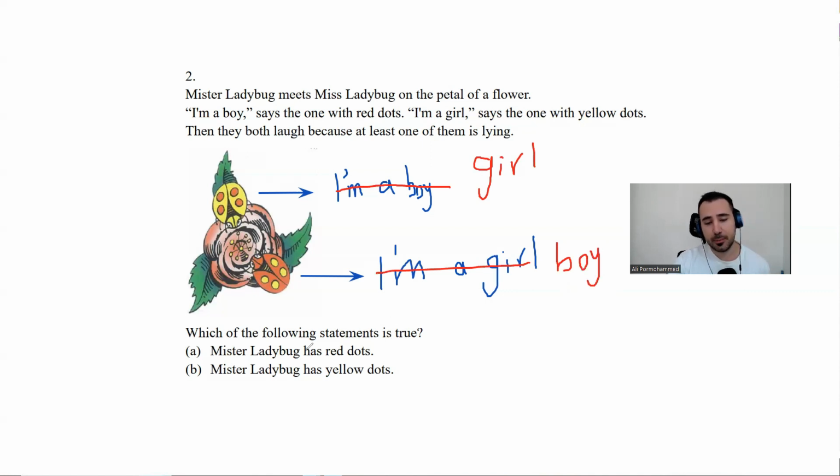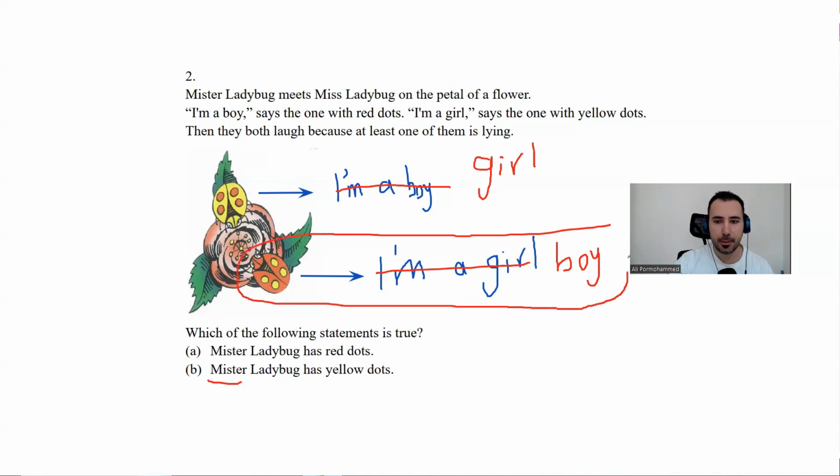Which of the following statements is true? Mr. Ladybug has red dots. Mr. Ladybug has yellow dots. Because it says Mr., of course, we're looking for a boy. This one is a boy. The boy has yellow dots. So we would go with B. B is the right answer.